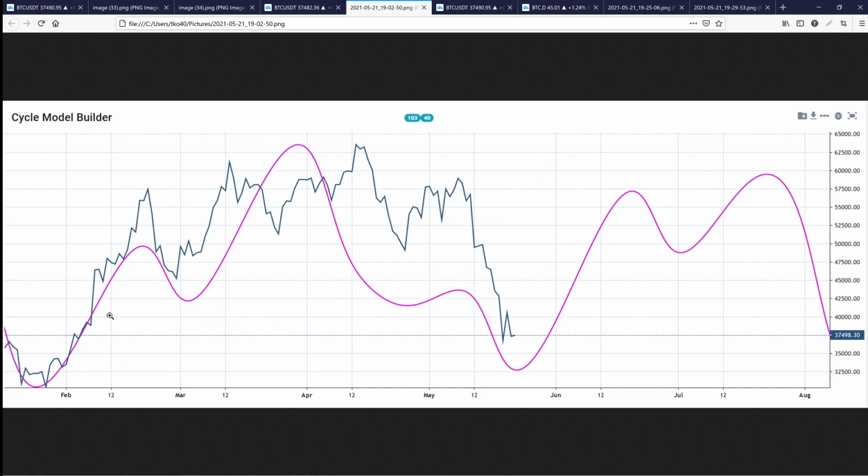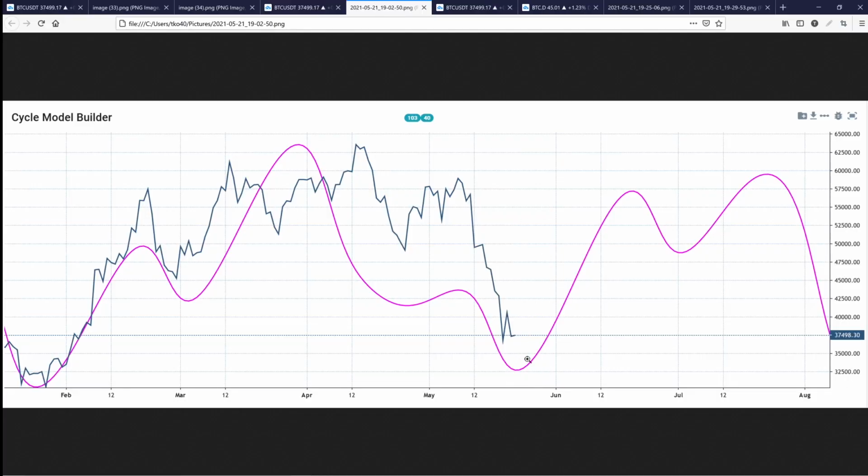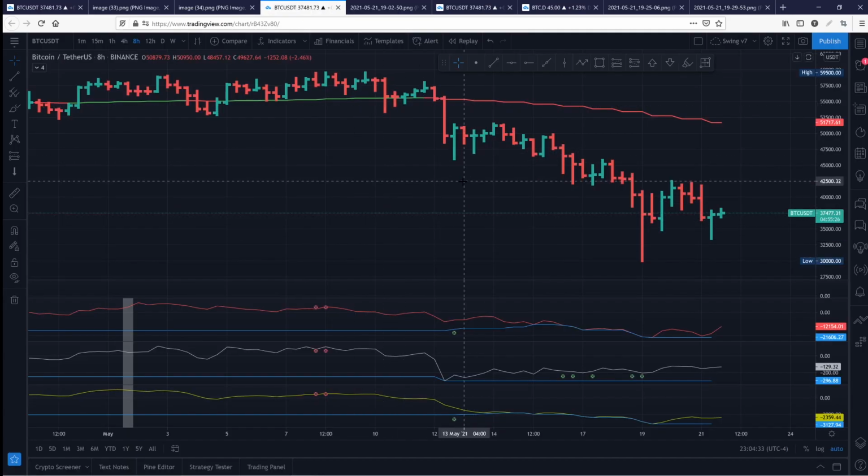So when I'm looking at cycle analysis charts, once price action is getting somewhere near one of these cycle lows, then I'll be looking at a higher time frame chart, either the 8-hour, the daily, or the 12-hour, for some bullish divergence setup.